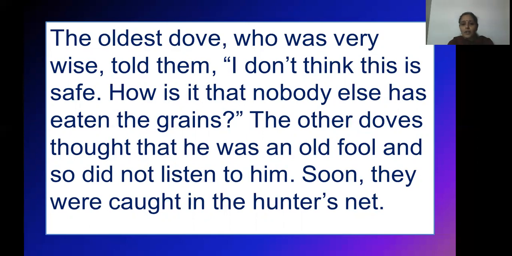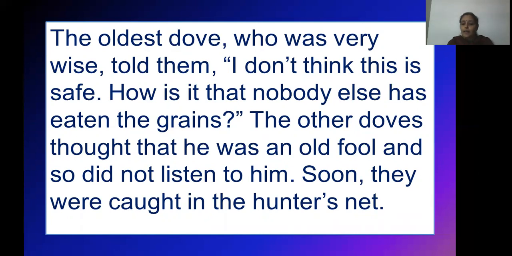Question mark, he's asking a question, and closed inverted commas. Then the other doves thought that he was an old fool and so did not listen to him. Soon they were caught in the hunter's net.